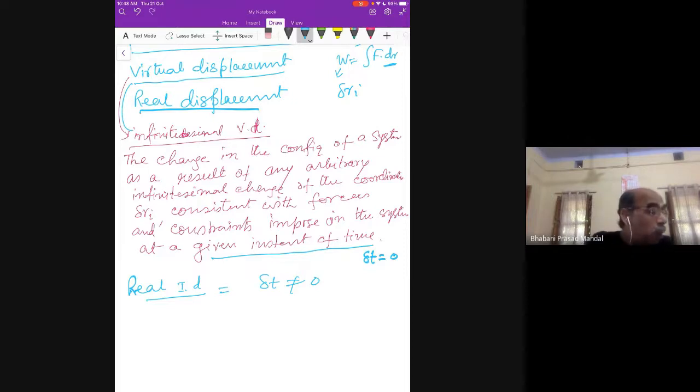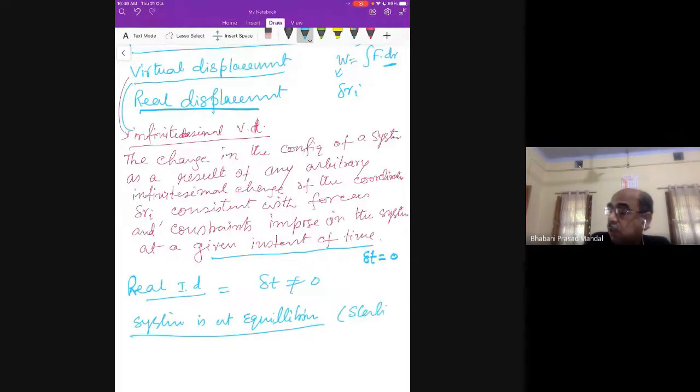Okay. So now suppose the system is in equilibrium. It's not moving. You have reached a static situation. So you can think of the force acting on individual particles, Fi, is 0 for a static situation, no movement, no dynamics happening.